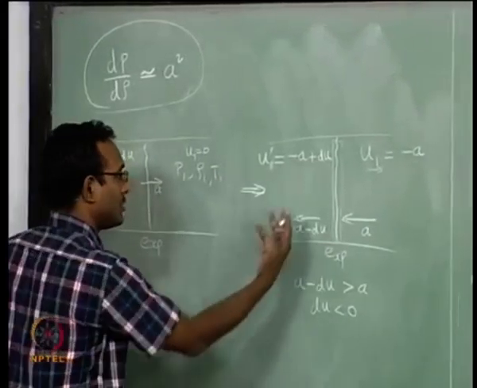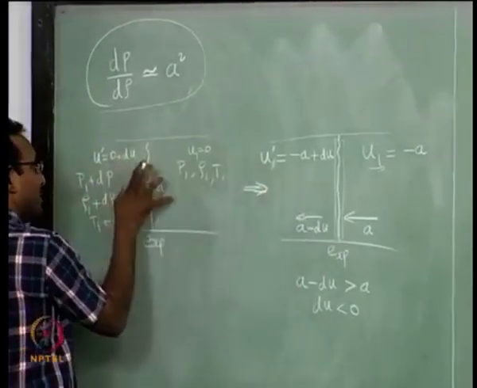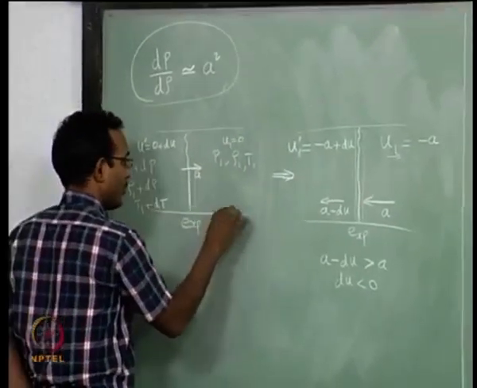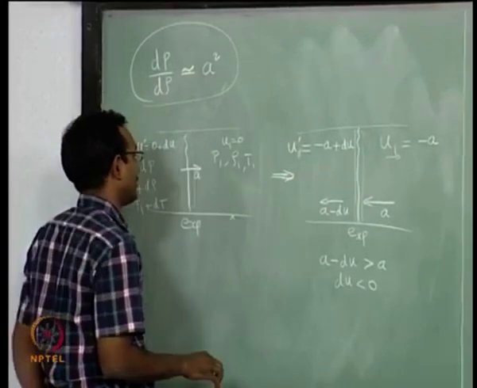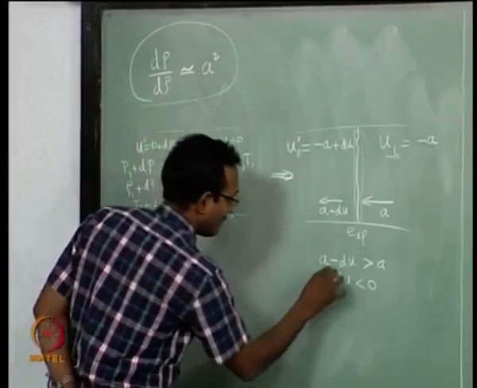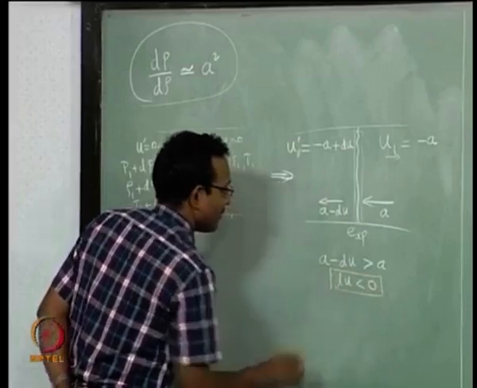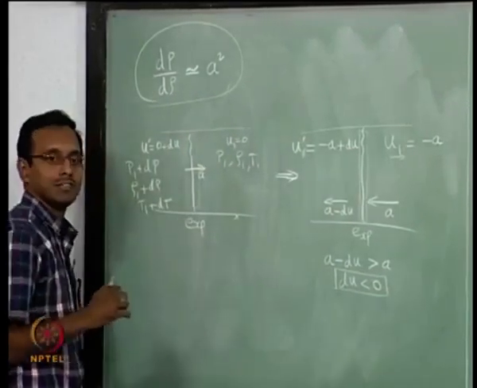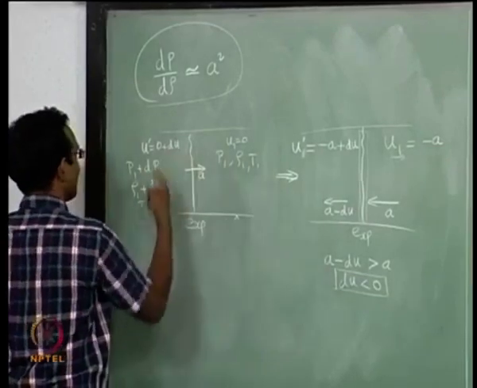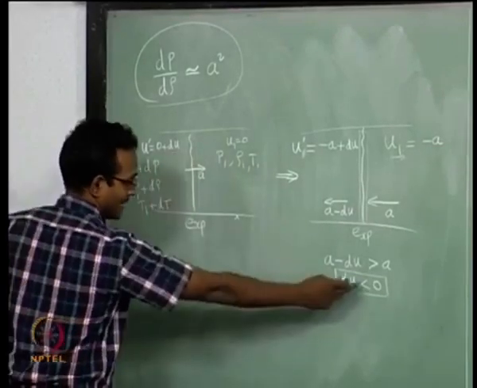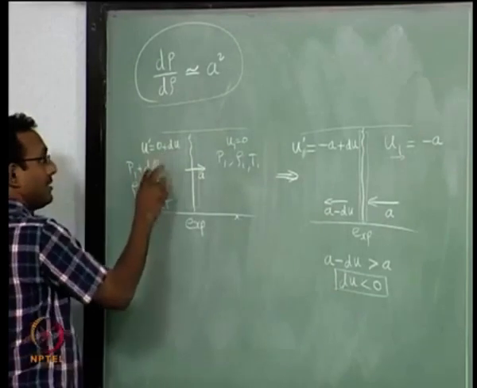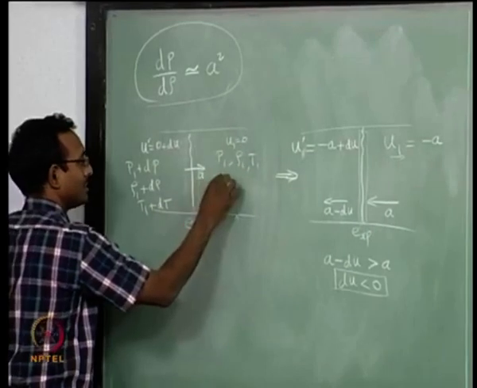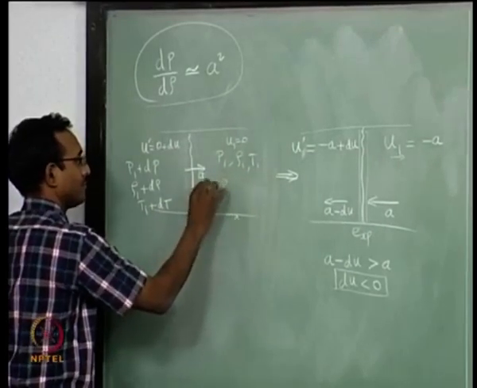Now, I will switch back from this transformation to the original coordinate system, where I am fixed to the wall, the outside reference frame, but I have this value du. The difference in velocity does not depend on the reference frame switch. So, I will just put the same du here, du is less than 0, which means, initially I am having the convention that velocity this way is positive, right.